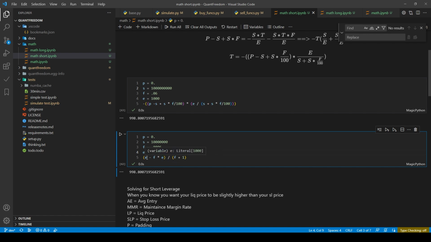I think this is what I was going through last time. Because here, why is this fees plus 1? If I do minus 1, I tried all of this. 1 plus F, 1 minus F. So I guess it doesn't really matter.